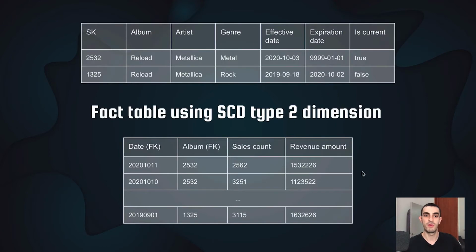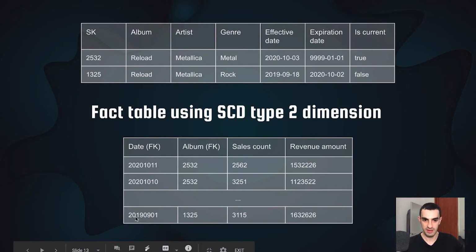So how does it look from the fact tables? When we add a new row, we need to change how we track the album in the fact table. So if we have a fact table that tracks the album ID within it, from a certain date, the new foreign key for the album will just direct to the new updated truth.